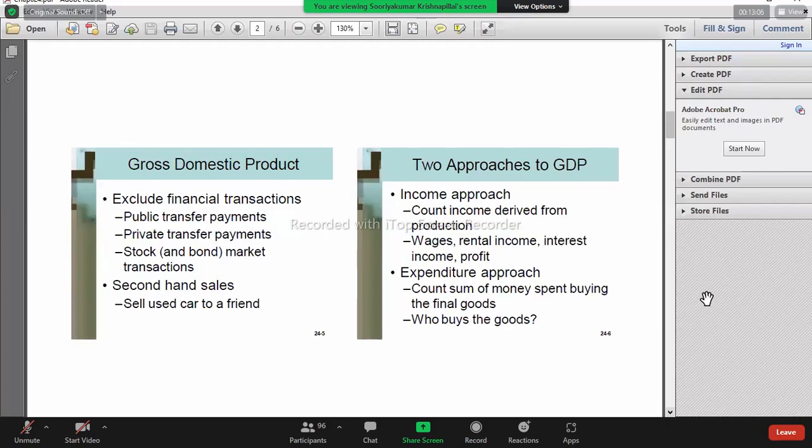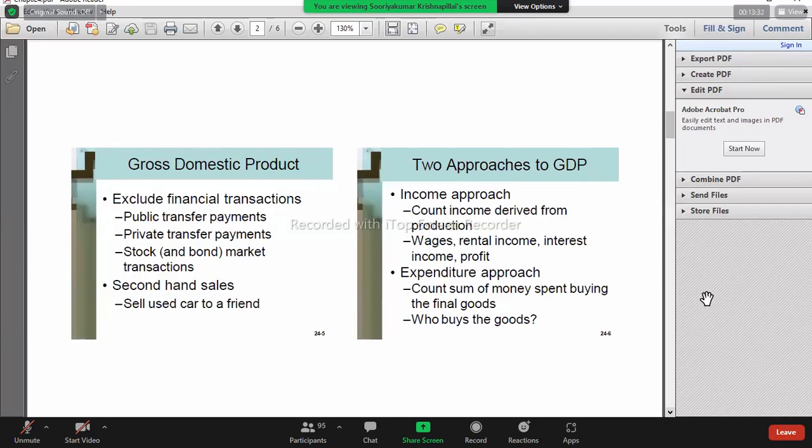It does not produce anything, it is just a money transfer. So this transaction is not included in the GDP. Only a transaction where goods are involved in production is considered in the GDP. That is value addition.